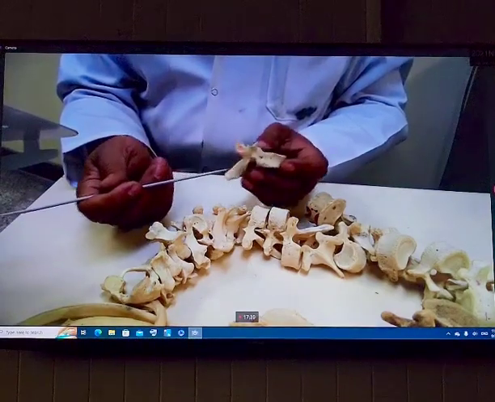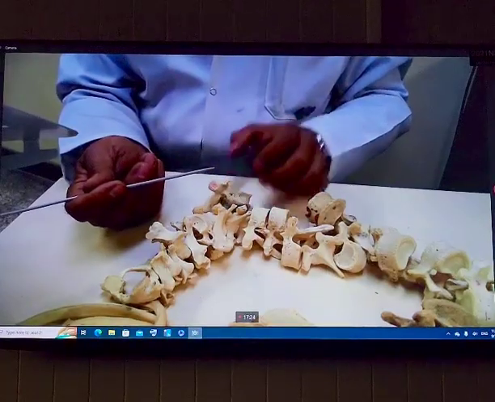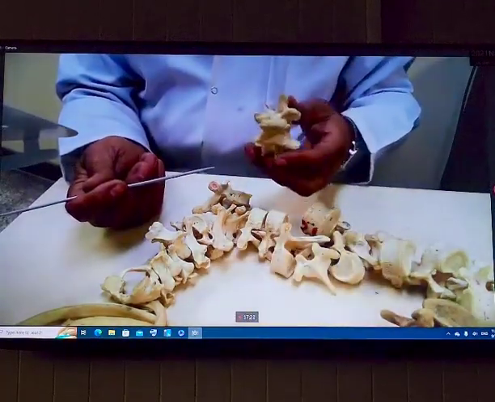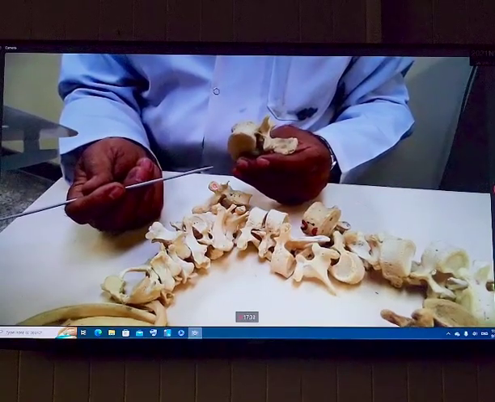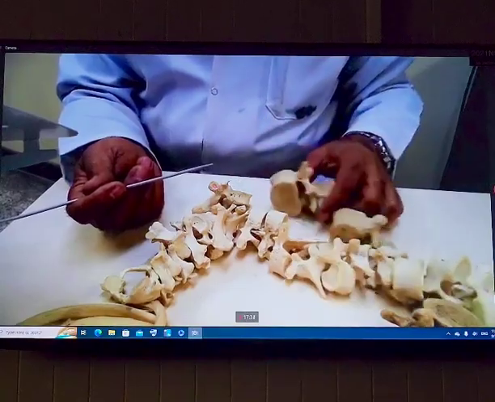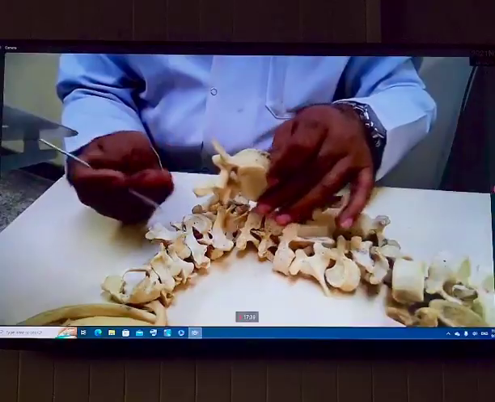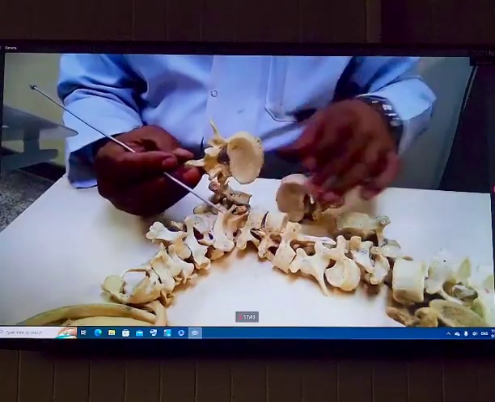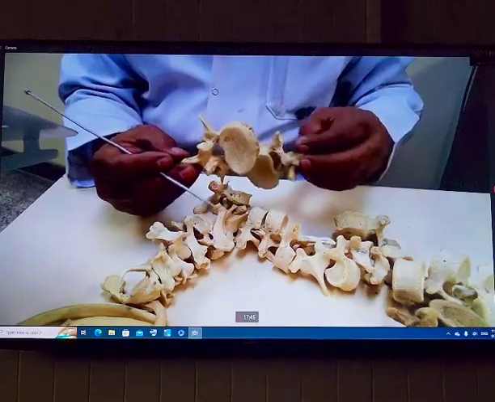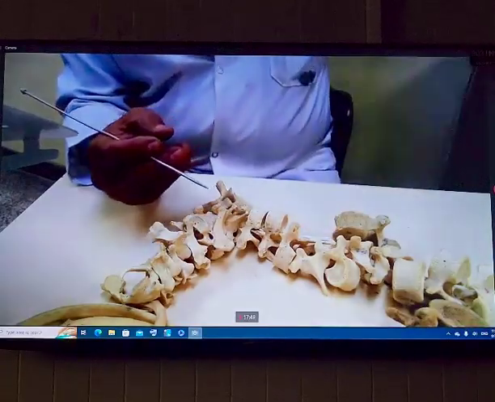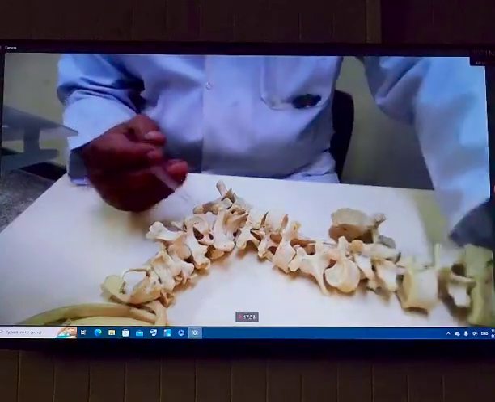If you examine the morphology of this typical thoracic vertebra, you can easily discriminate that this is not a typical thoracic vertebra, right? And also that one. Although you may see a facet for the ribs, it is atypical.